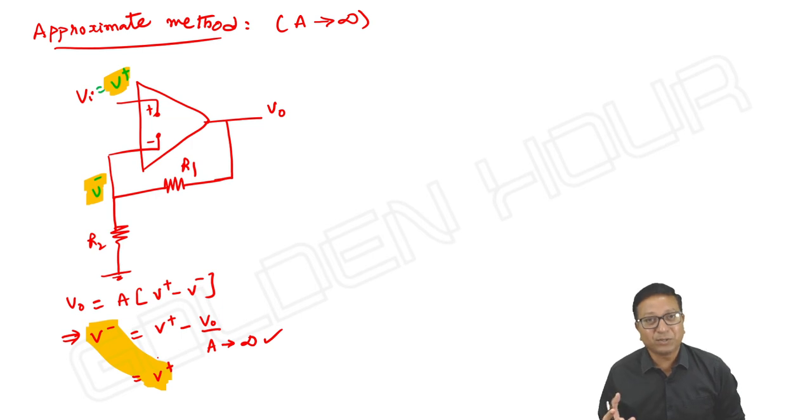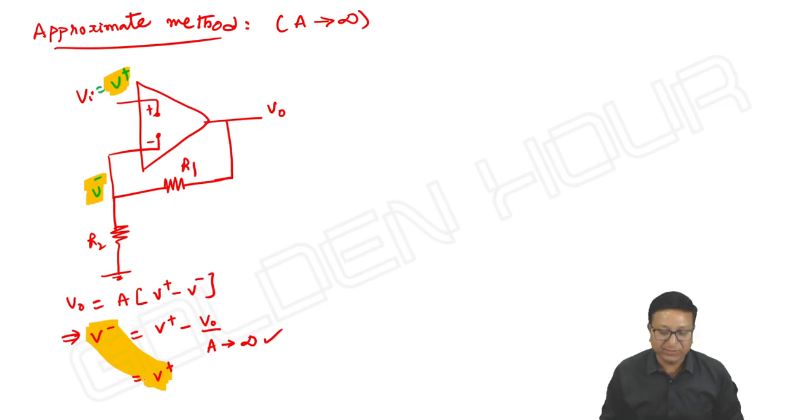So physically no connection, but virtually both are at the same potential. It is like a short. Both at the same potential means there is no potential difference, as if they are short circuited. As they are at the same potential, we call them virtual short. I will write the definition of virtual short later.